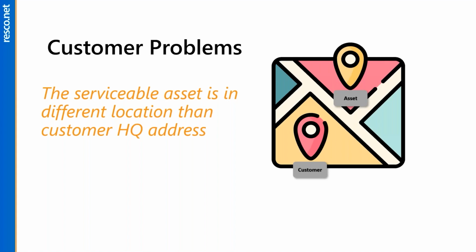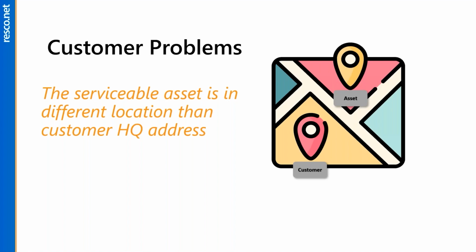There was a problem where the serviceable asset is in a different location than the customer HQ address, and it happens all the time. For example, imagine a company running gas stations or electric charging stations, or really small units out there, like solar panels.